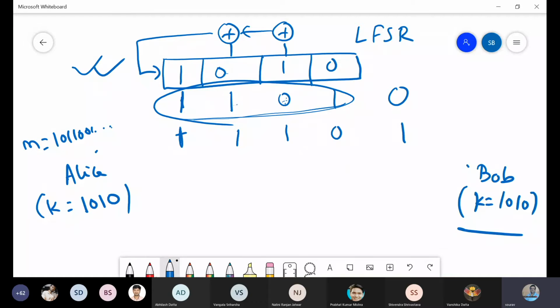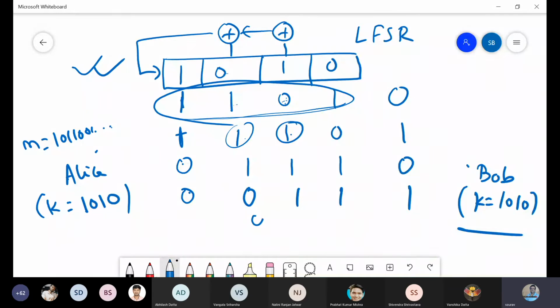So again we do the same thing. 1 will come here, 1 will come here, 0 will go there, and this will be XORed with these two, giving 0. Can you do it for me? 0 1 1 1, and then this one 0, again 0. Thank you. Then this 0 will come here, 0 will come here, 1, 1.